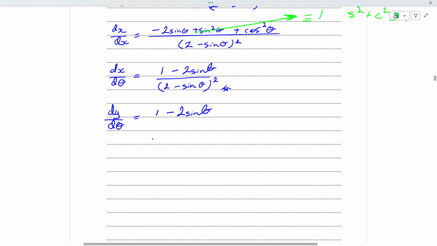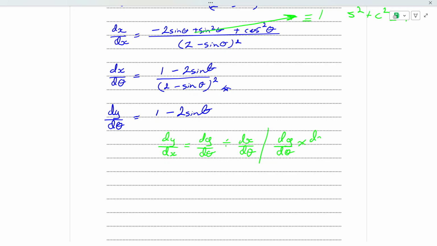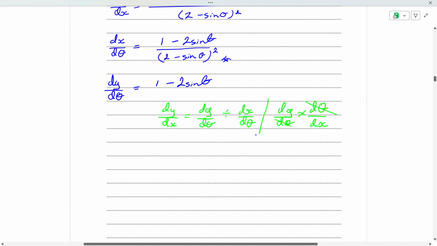Then we'll use the chain rule, which says that dy/dx is equal to dy/d theta divided by dx/d theta, or you could say dy/d theta multiplied by d theta/dx, so that these two can cancel out. All right. So we'll now use the chain rule to do that.